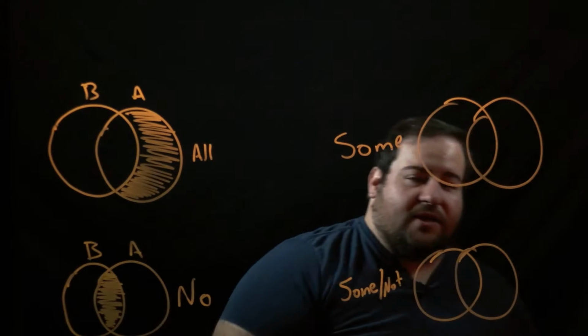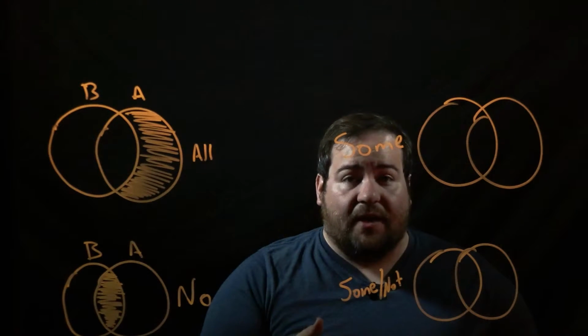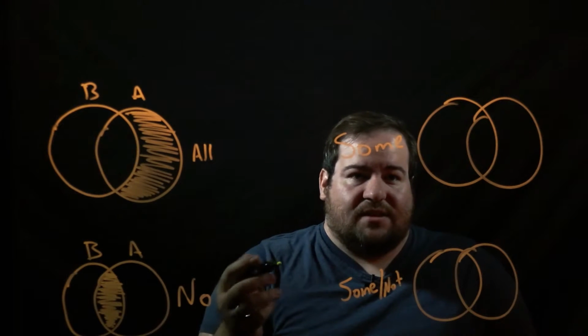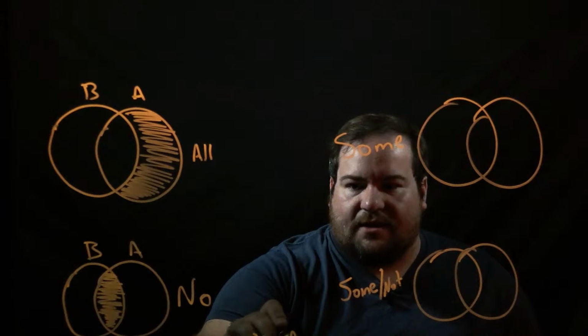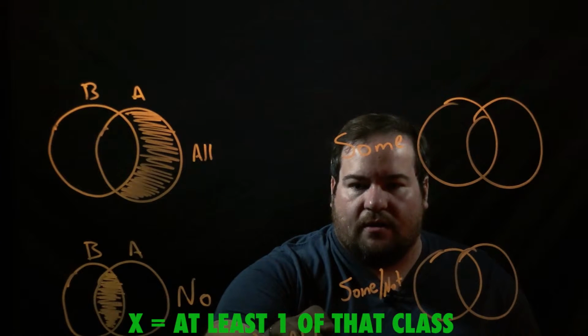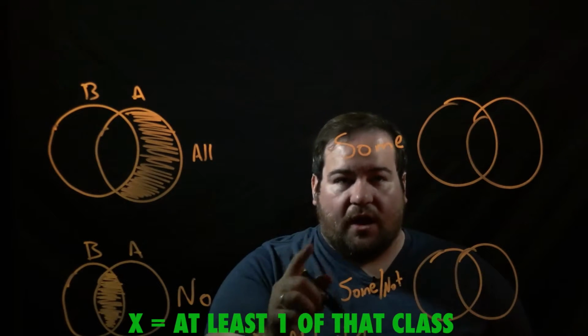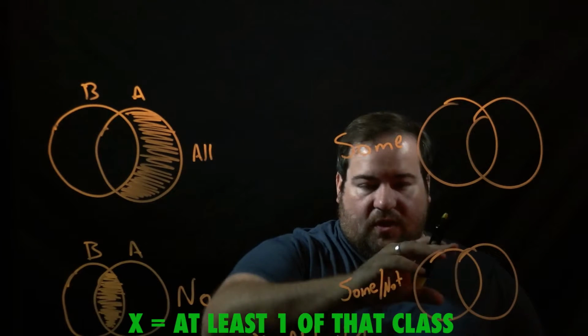Now here, when we get to our some statements, we run into a little bit of difficulty because we have to use an X. And what that means is that X represents there is at least 1 of whatever class in the area.